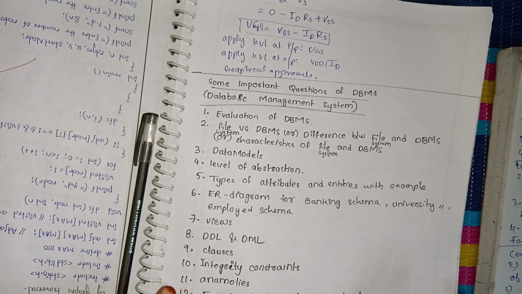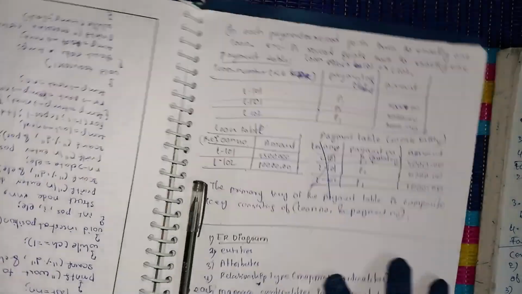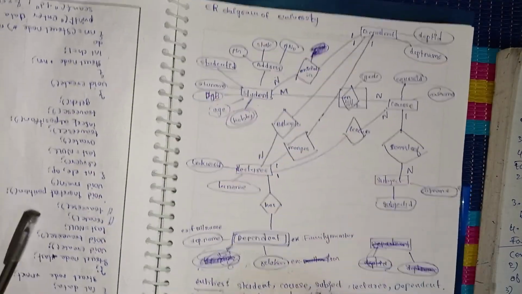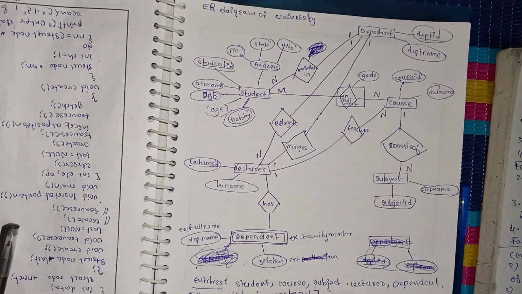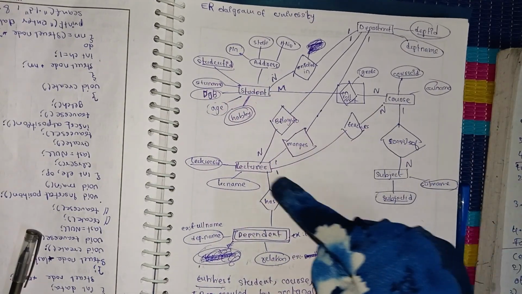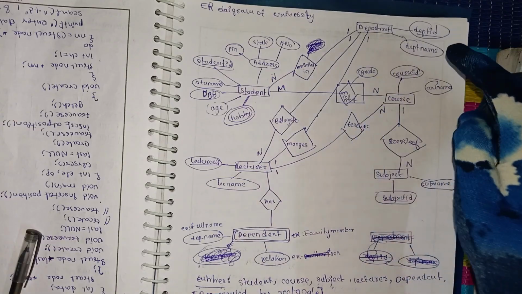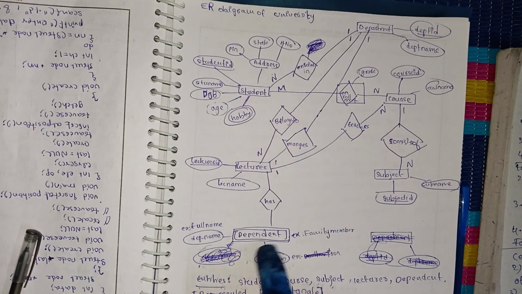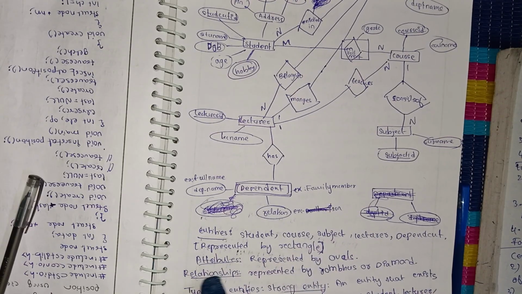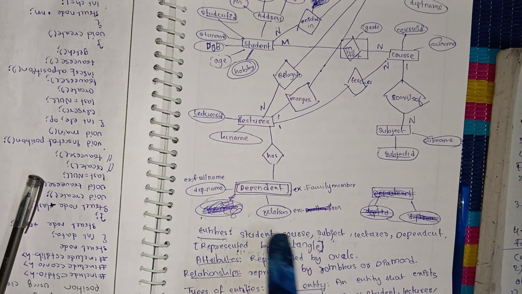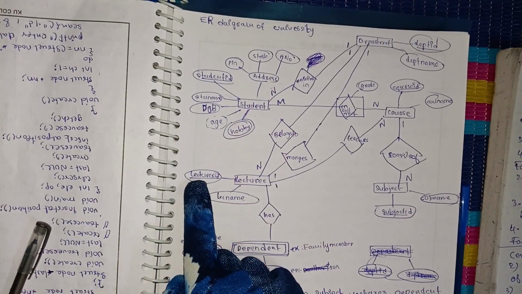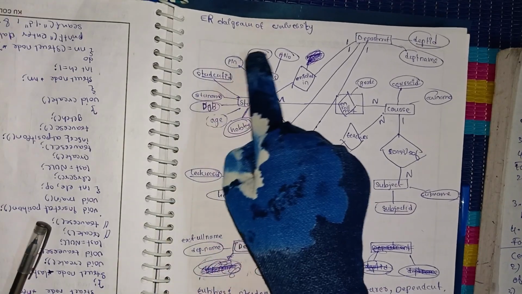ER diagram of the university schema. Here it is. The entities are student, course, subject, lecturer, department, and dependent. These are represented by rectangles, and attributes are represented by ovals, like department, dependent name, lecturer ID, lecturer name, all these ovals.